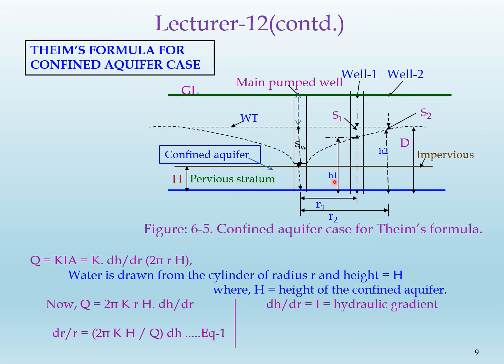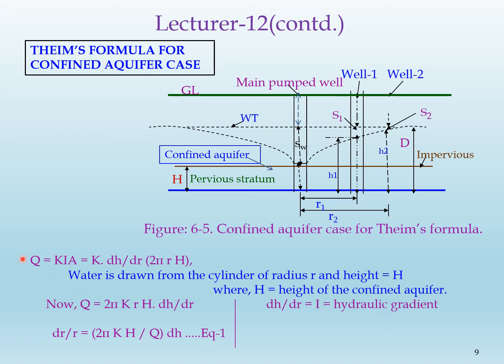This D is the total depth of the aquifer. This H represents the depth of the pervious stratum. S1, H1, H2, S2, SW, HW, R1, R2 are the same as in the unconfined aquifer.